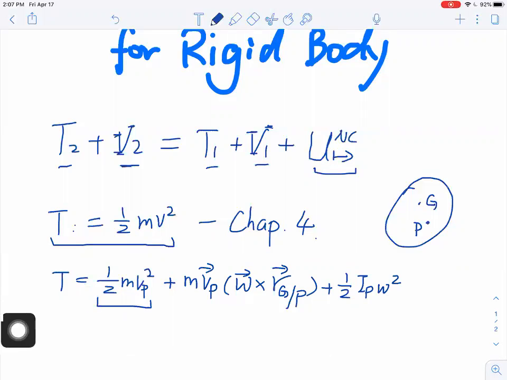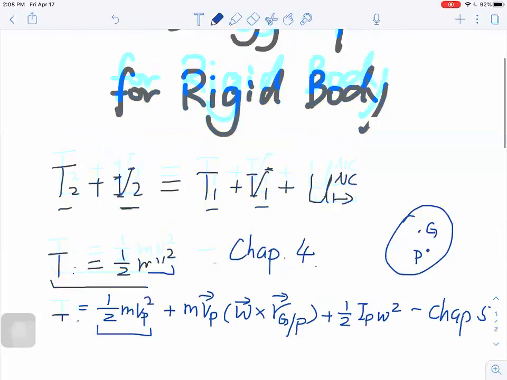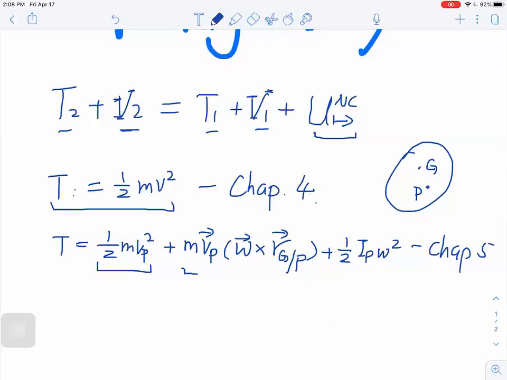So in chapter 5, when you have a rigid body, we're looking at three terms for kinetic energy T. And that point P can be any point on your rigid body. So vP is the velocity at that point P you're choosing.